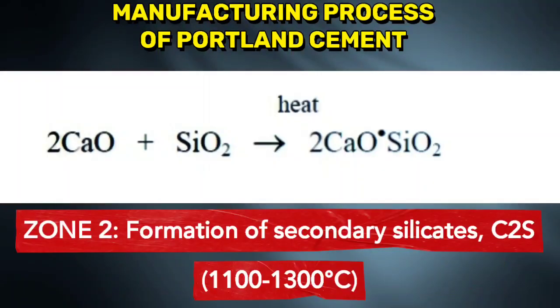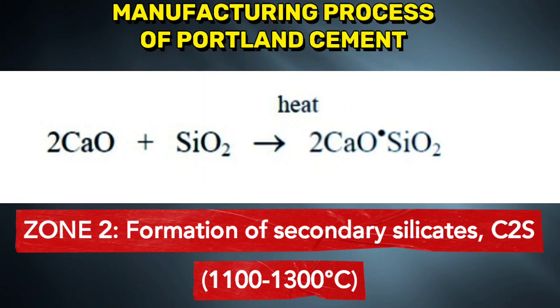So in zone 2, exothermic reactions and the formation of secondary silicate phases show up, whereby the lime that has been formed in zone 1 reacts with more silica. Once that is completed, at high temperatures between 1100 and 1300, what is formed there is C2S.